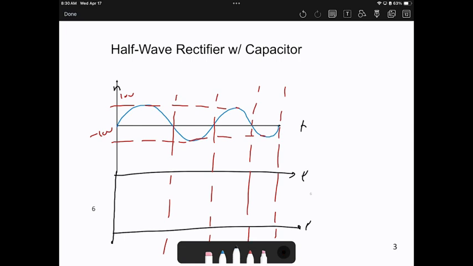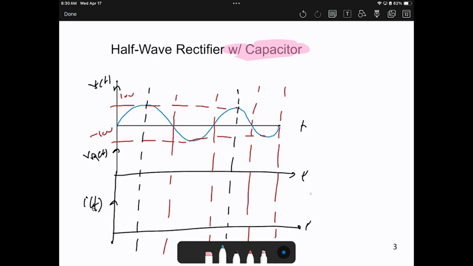So this is Vs of t, now Vr of t, but keep in mind here with capacitor. Then here I of t. Okay, so the positive will be the same, but the capacitor will allow us to charge and discharge. So the other guideline that we need to add is at the peak of the positive side.